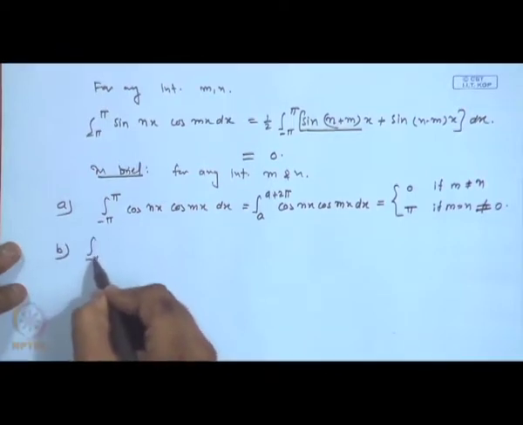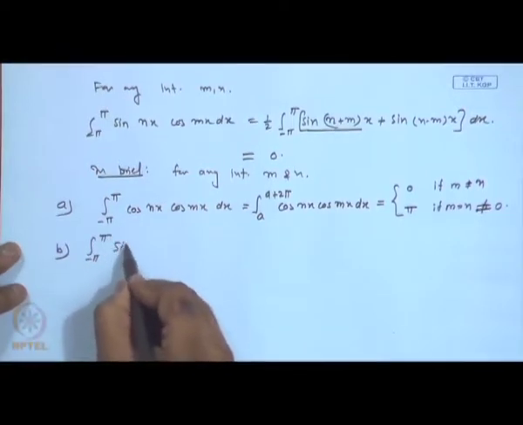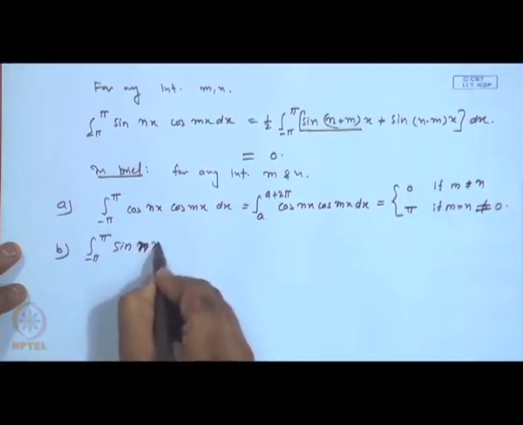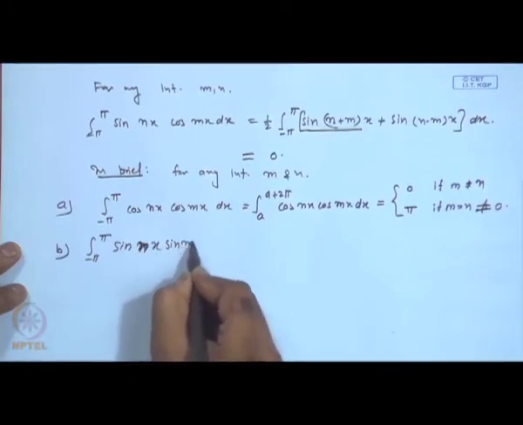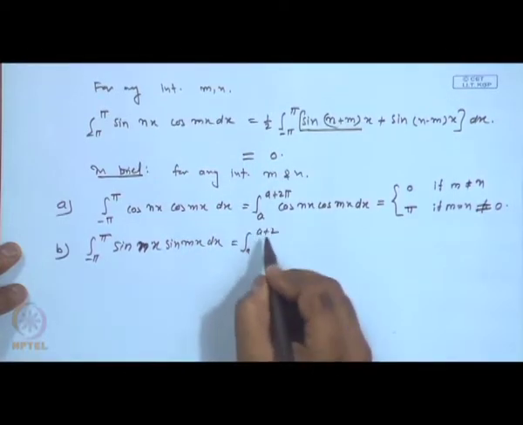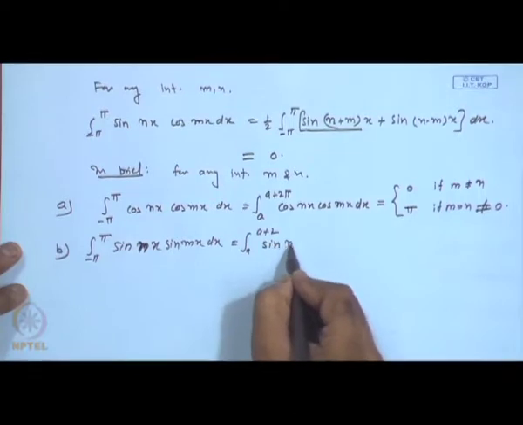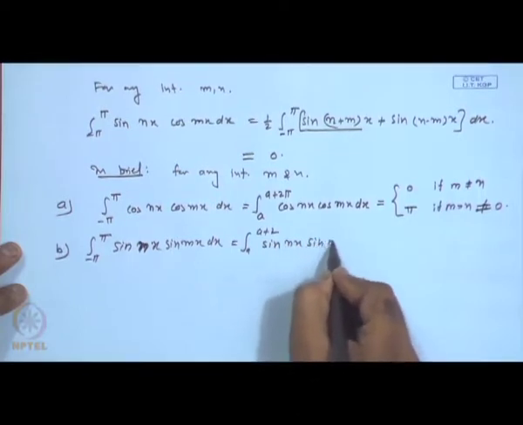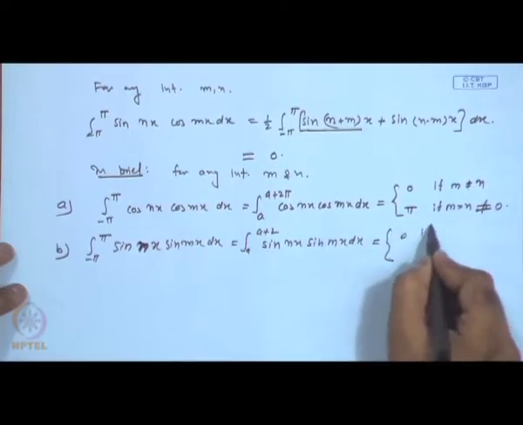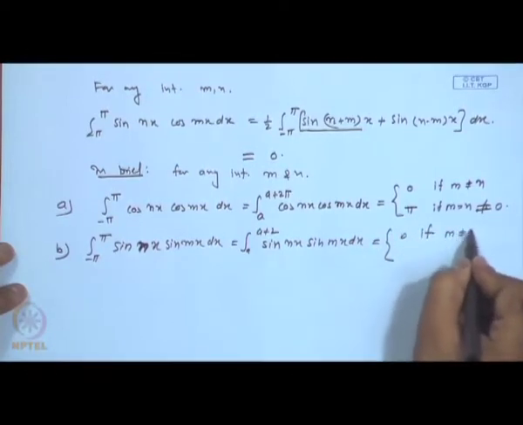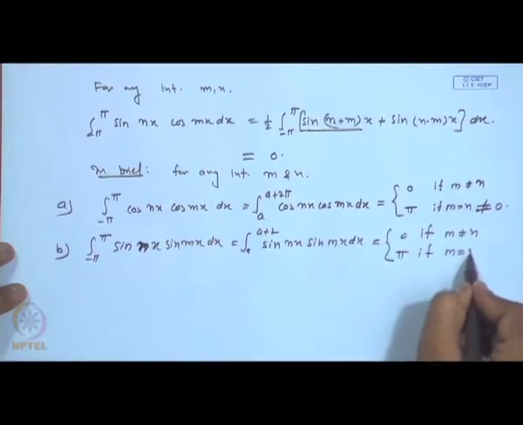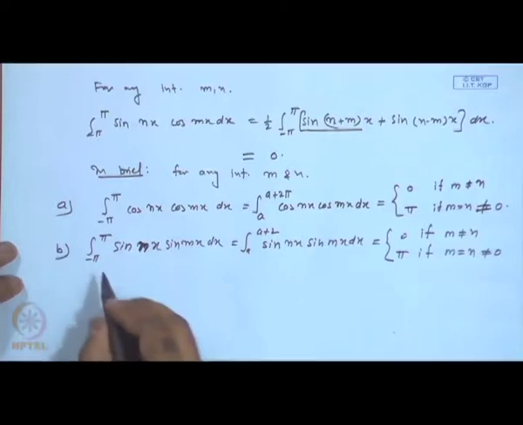The second one: from minus pi to pi, or a to a plus 2 pi, the same value, if we take sin nx and sin mx dx, in this case also we have 0 if m is not equal to n, and we have pi if m is equal to n and not equal to 0.